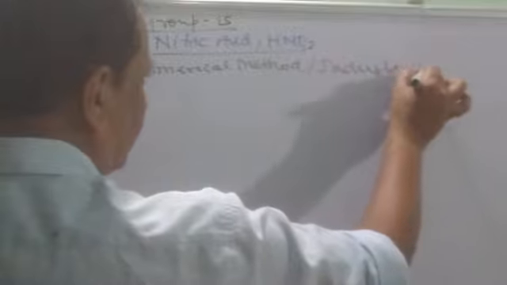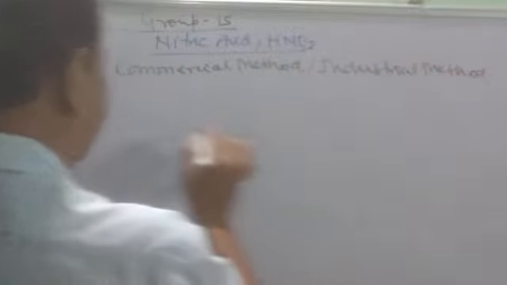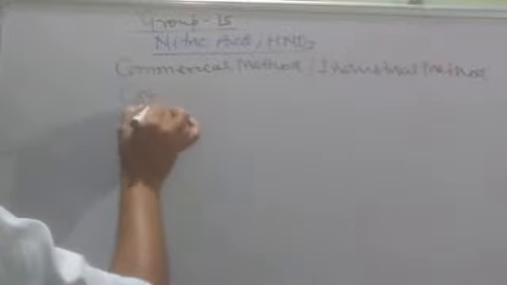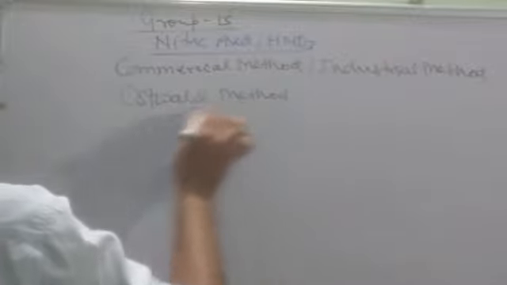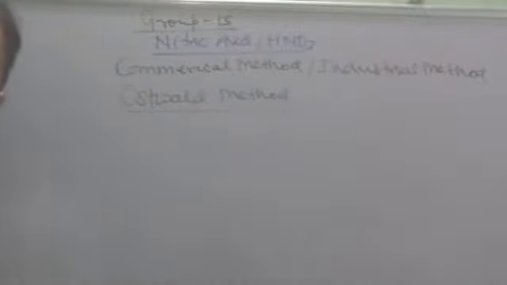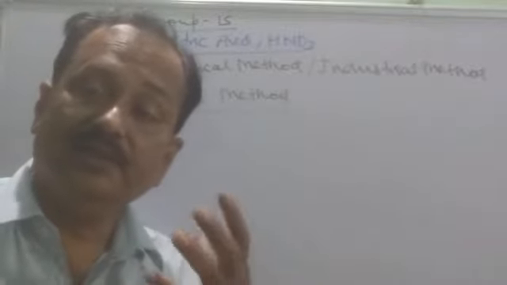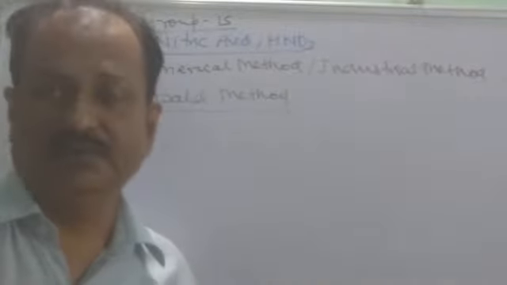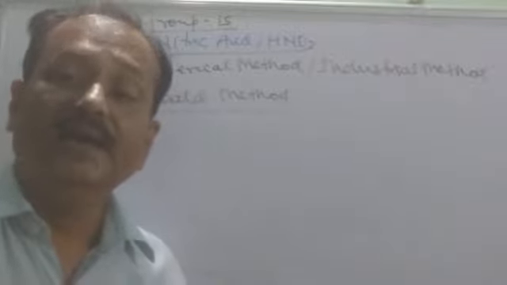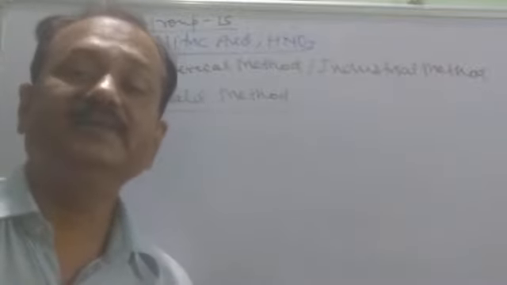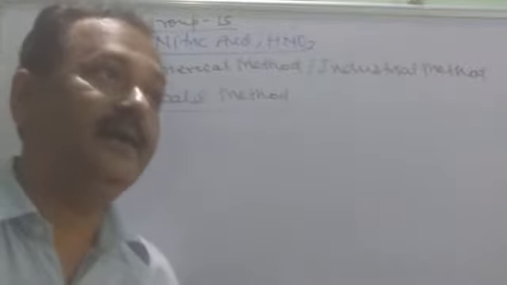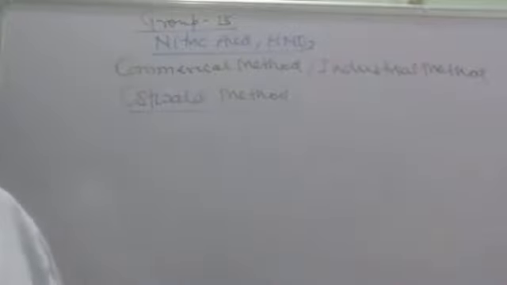It is prepared by the Ostwald method, and in this method, ammonia is the starting material. Ammonia gas is oxidized to NO under highly specific conditions.